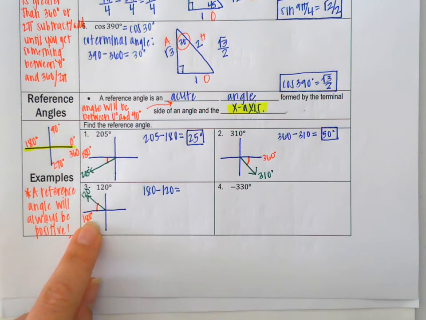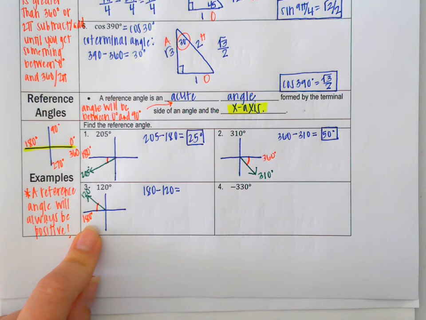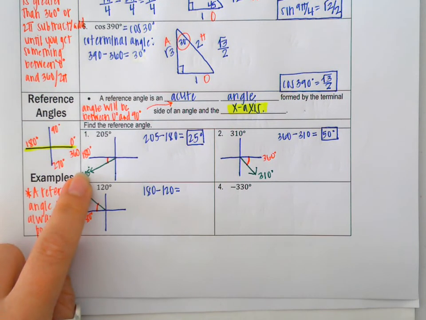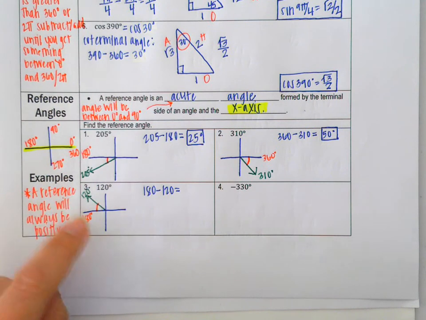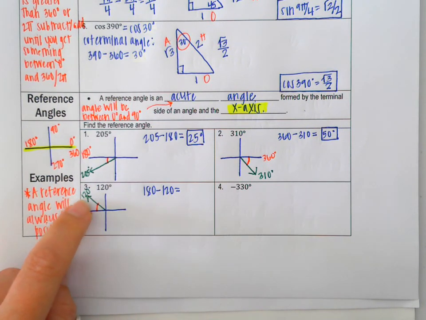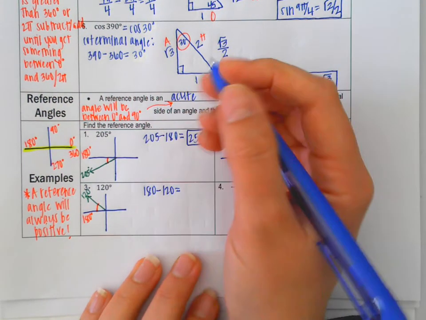Okay, 180 minus 120. It has to still be positive. So no matter what, it's still positive. So you just have to kind of logically think. This one was more than 180, so we subtracted 180 from 205. This one was less than 180, so we subtract 180. No, we subtract 120 from 180. So 180 minus 120 is 60 degrees.